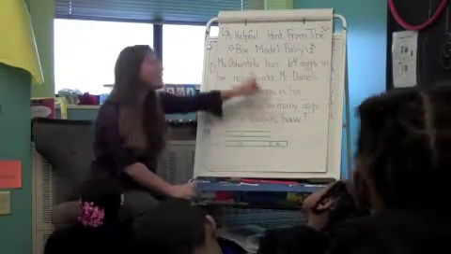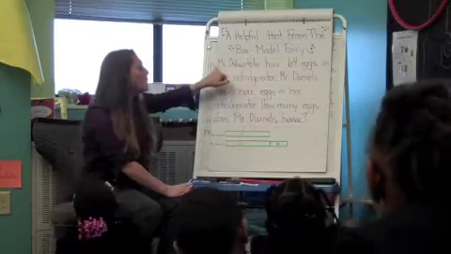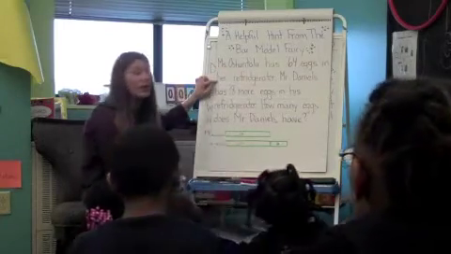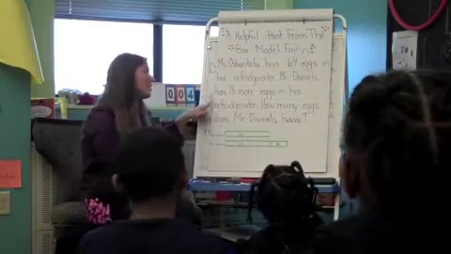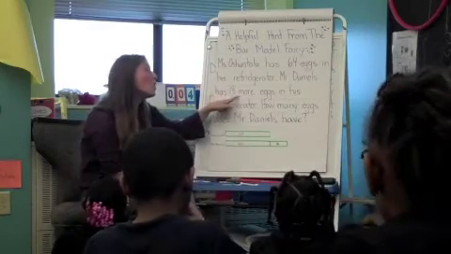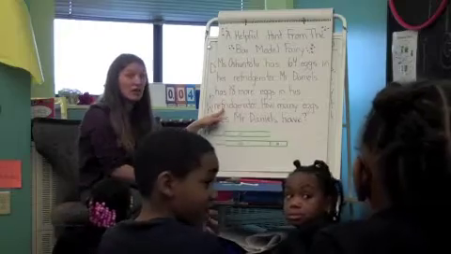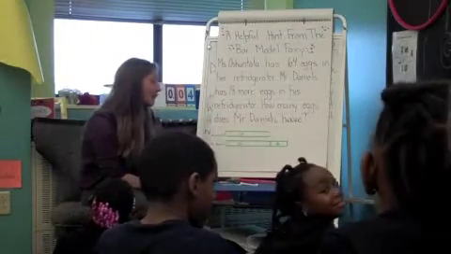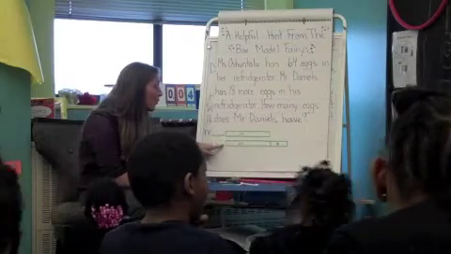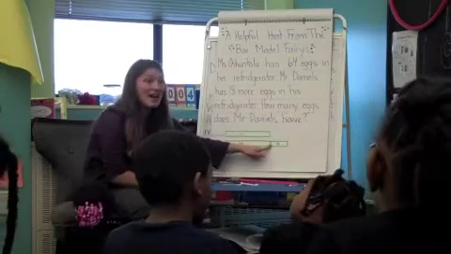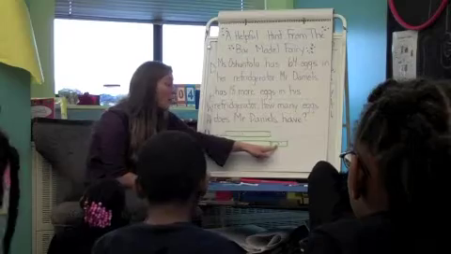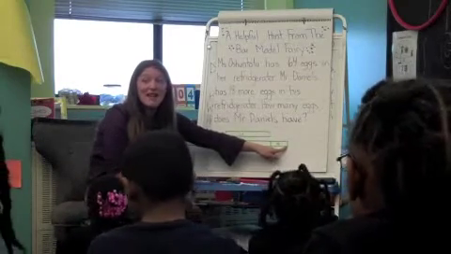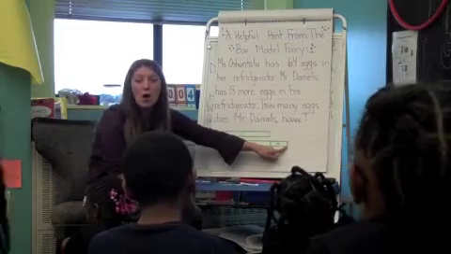Now, let's go and read. Miss Ashantolu has 64 eggs in her refrigerator. Mr. Daniels has 18 more eggs in his refrigerator. How many eggs does Mr. Daniels have? So, we know that part is the same, but part is more, part is different, and the part that's different is 18 more.